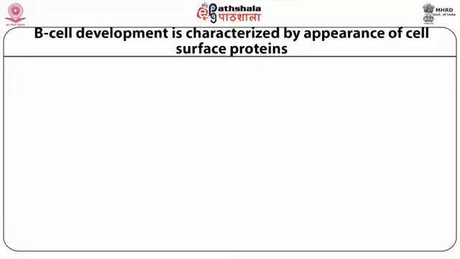What we have shown here is the development of B lineage cells proceeding through several stages marked by the rearrangement and expression of the immunoglobulin genes, that is H chain genes, L chain genes and surface immunoglobulin gene.